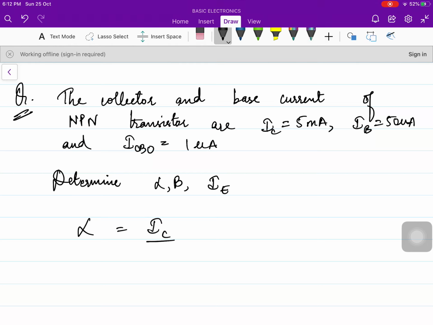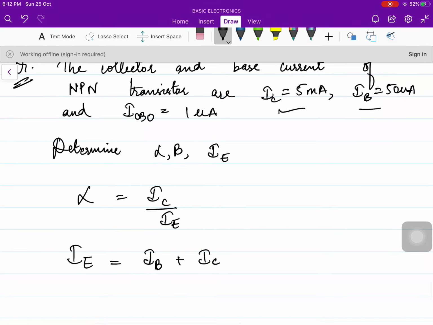Alpha is simply equal to IC upon IE. Now you don't have IE here, but you have two currents. So first of all you can apply the transistor current equation and calculate IE. Keep in mind that the units of IC and IB are different, so you need to convert them first, and you will get 5 into 10 raised to the power minus 3 plus 50 into 10 raised to the power minus 6.